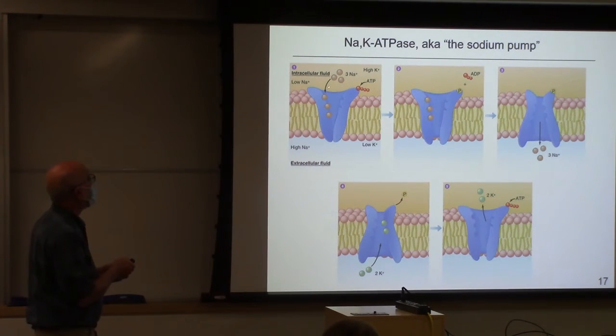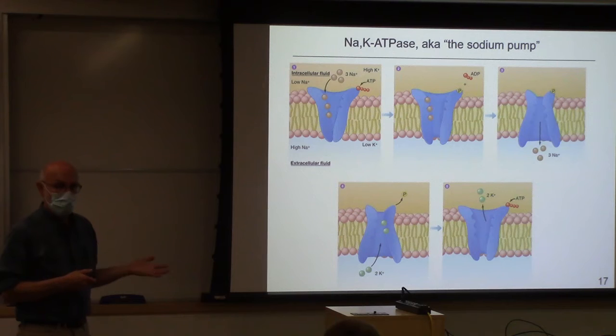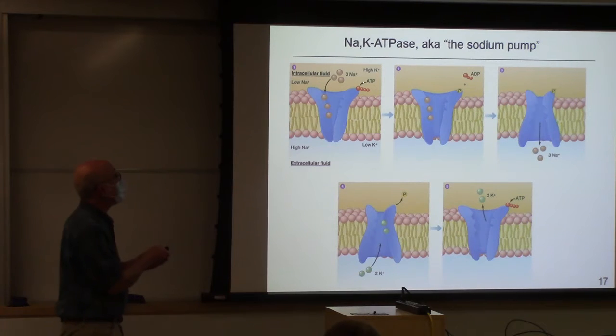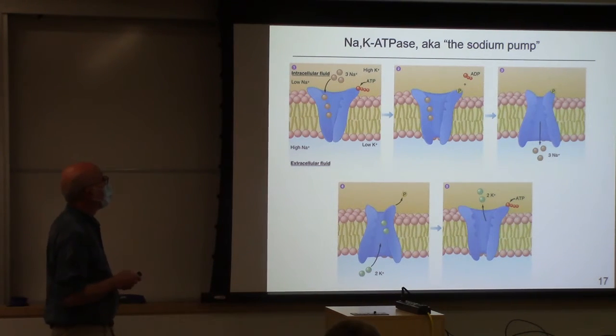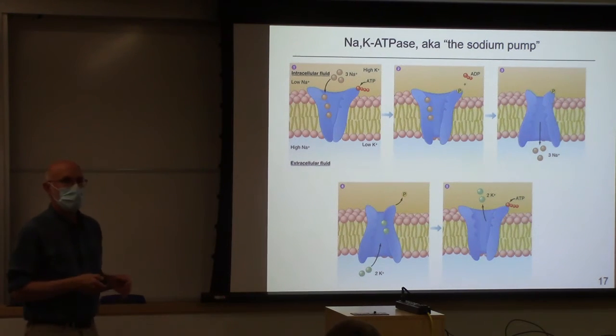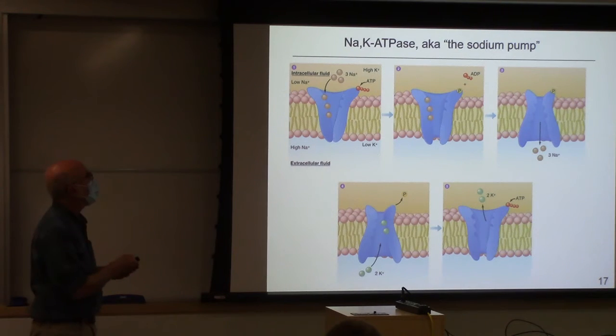So sodium ions bind. So diffusion and binding. ATP has bound. Okay, so now, let's tell the story as a group, instead of just walking through this.